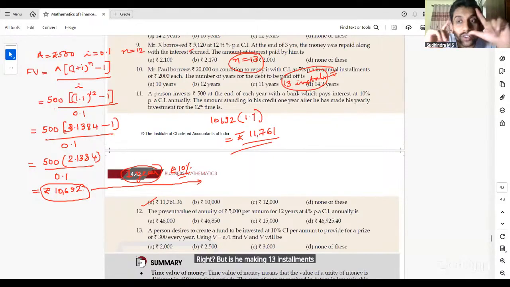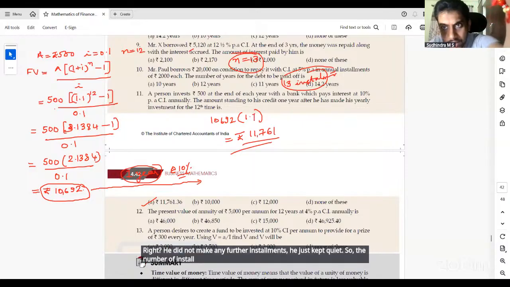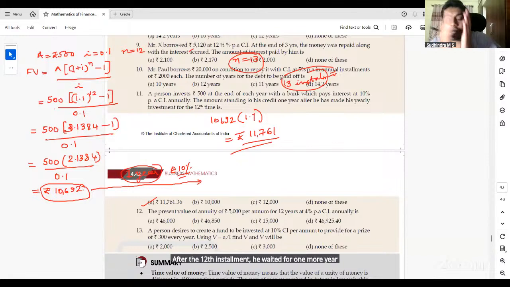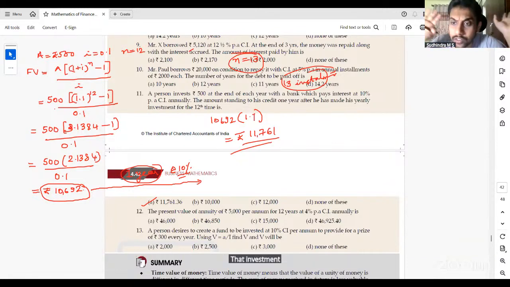No. He's making only 12 installments. The last year, he's just waiting. He did not make any further installments. So the number of installments is only 12. After the 12th installment, he waited for one more year. Whatever investment he had earned interest. That's all. No further investment. Understanding?